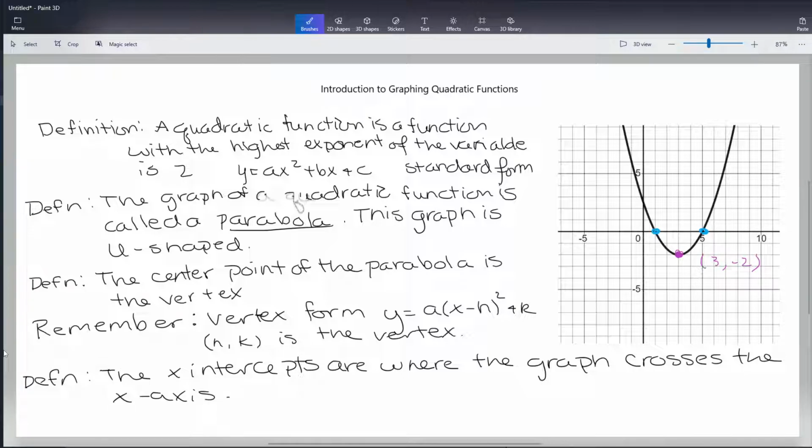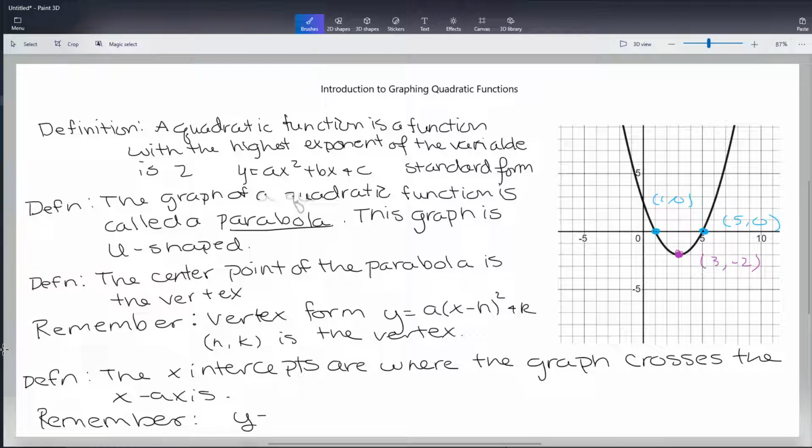Now, in this example, you can see that this is the point (1, 0), and this is the point (5, 0). I also want to remind you that we know that the x-intercepts come from the factored form, okay?